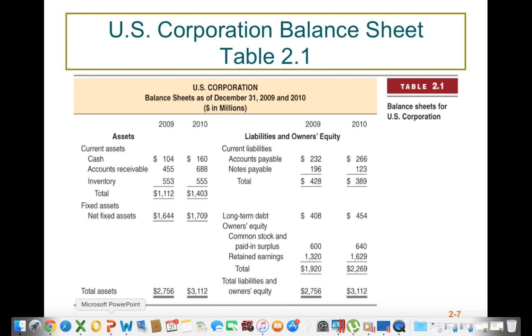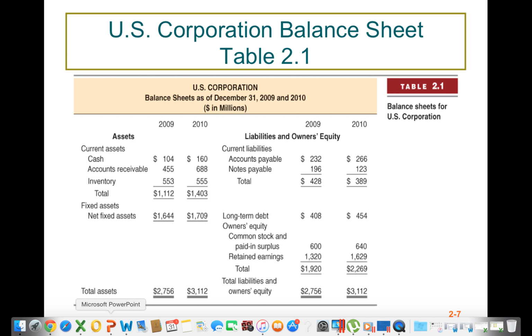I don't know if the text still has this exact example, and I'm sure if it does, it's been updated. But this is the old example that the old text used to have with a simplified balance sheet for this figurative U.S. corporation. We'll take a look later at more complex statements, but the basic point of introducing this is just to make sure that the student at this point is familiar with this sort of structure.